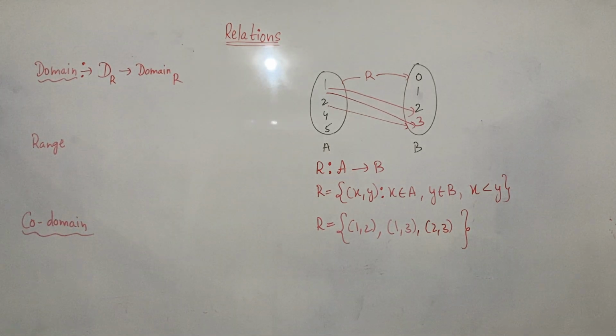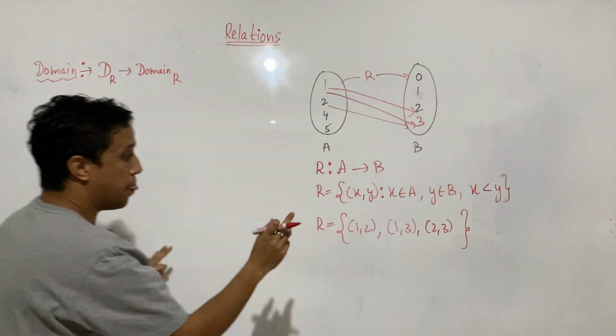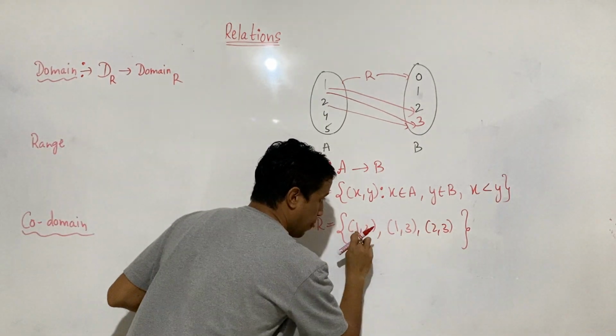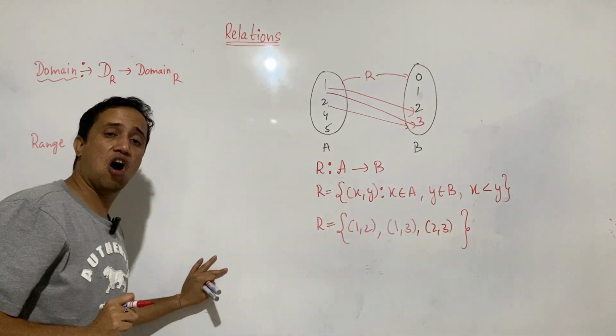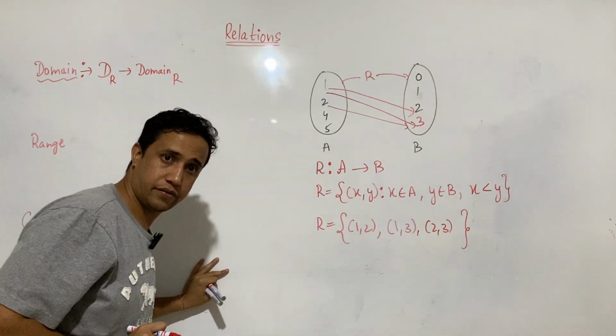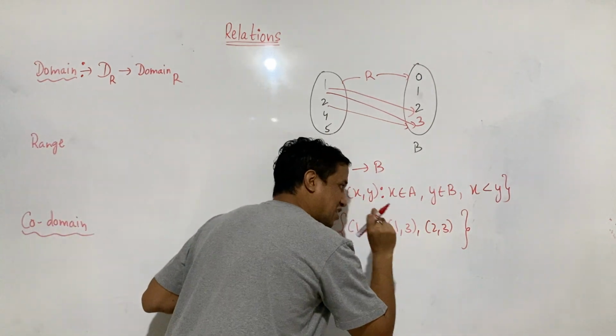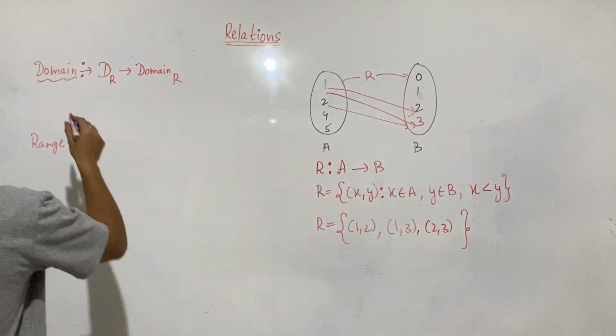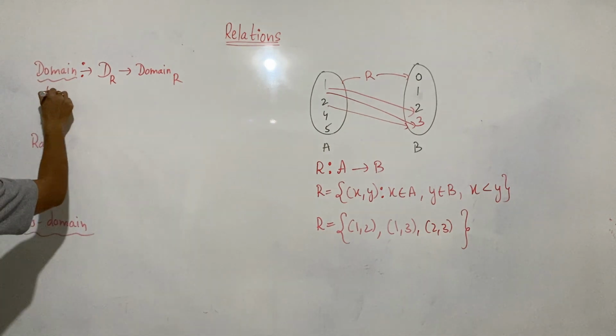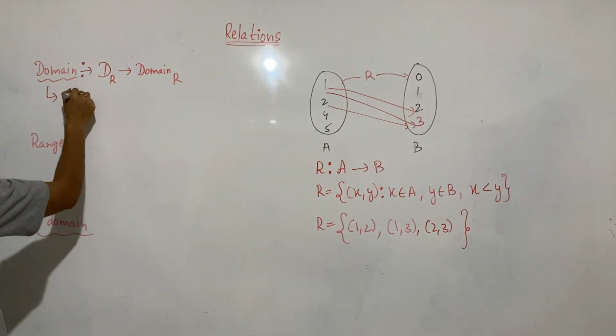Okay, so domain of the relation means the first element of the ordered pair, the first element in the set of the ordered pair.